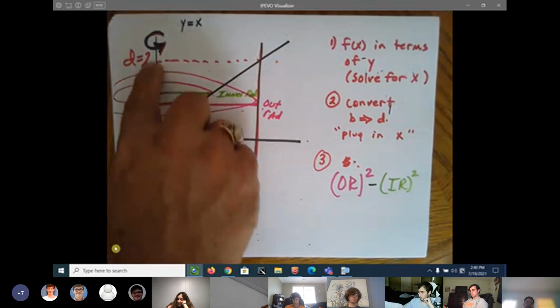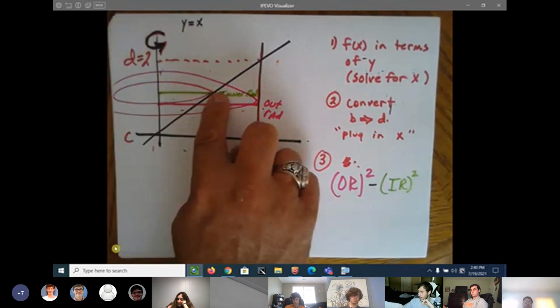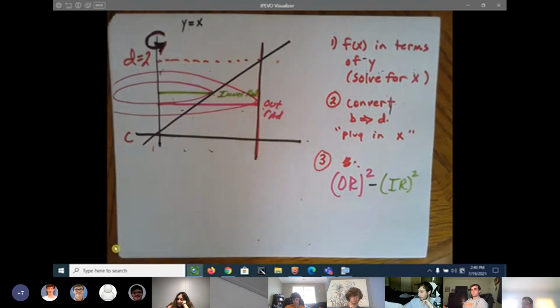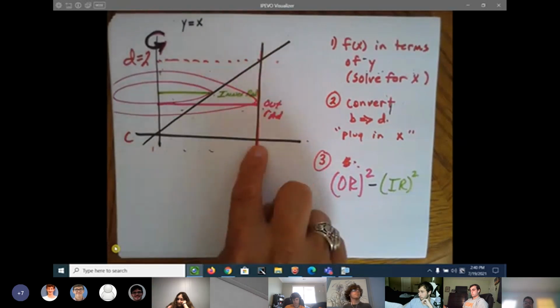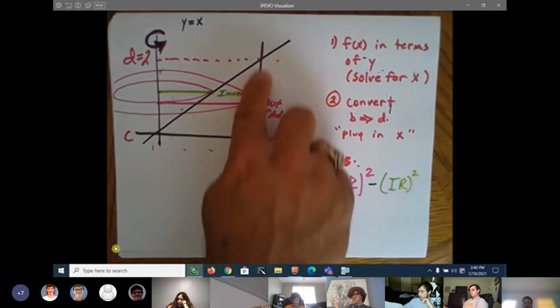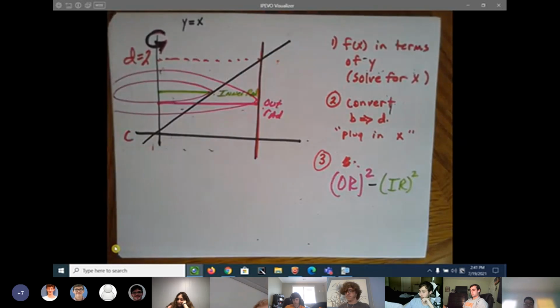That's my height. My radius is equal to the function. So I just got to multiply. My height is going to be that right there, which is 2. And we're going to subtract x squared.